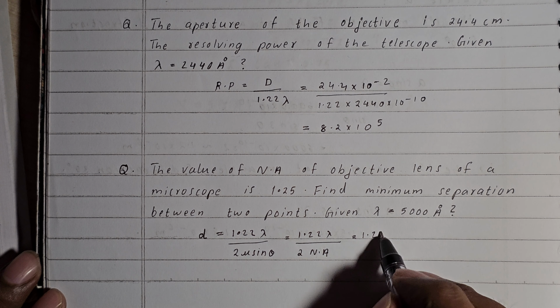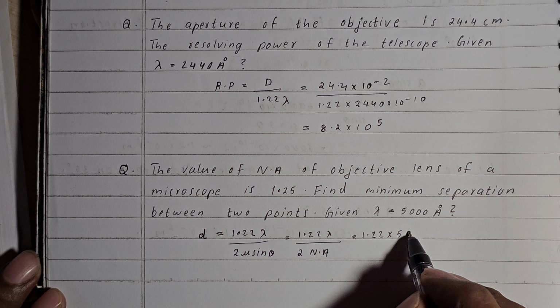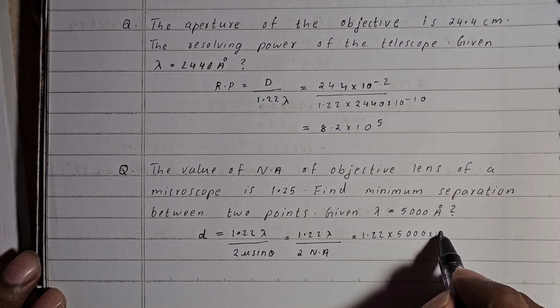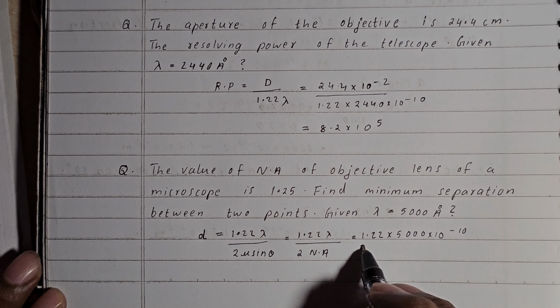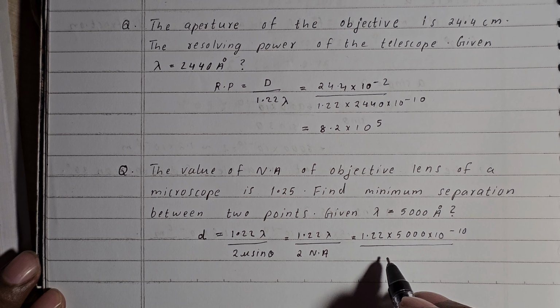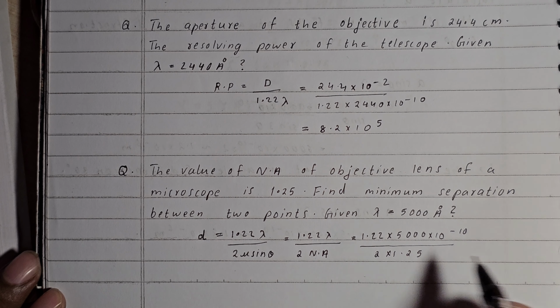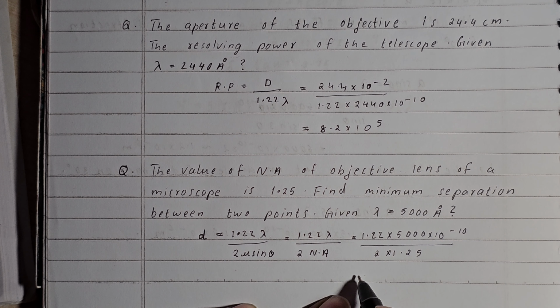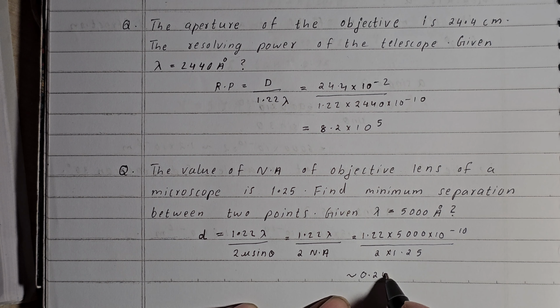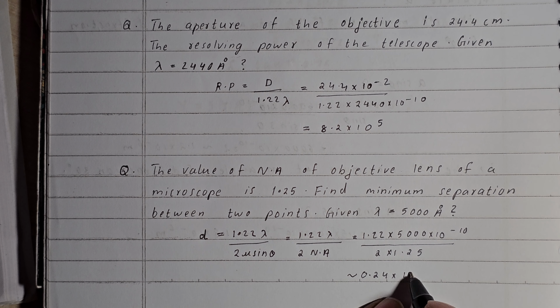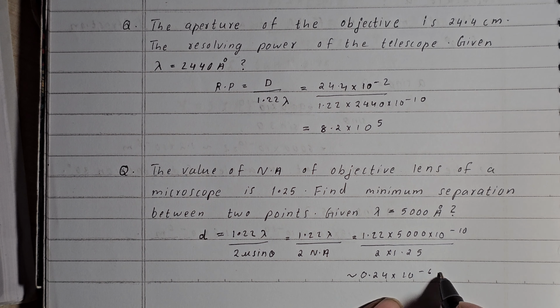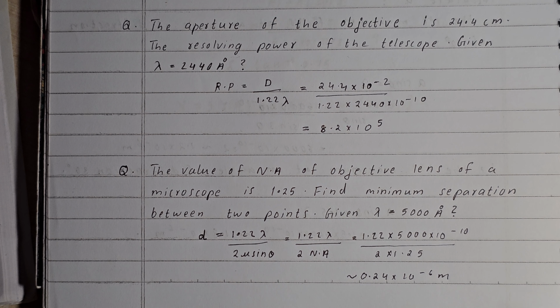Substituting the values, 1.22 times 5000 times 10 to the power minus 10 upon 2 times 1.25. The value is approximately 0.24 times 10 to the power minus 6 meter. This is the limit of resolution of the microscope.